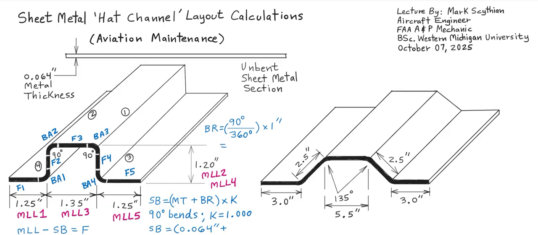So this is a bend radius of 0.25 inches for a 90-degree bend, times the K constant for a 90-degree bend, 1.000. So we calculate 0.314 inches is the setback. So this setback will be constant throughout the 90-degree hat channel because all bends here are 90 degrees.